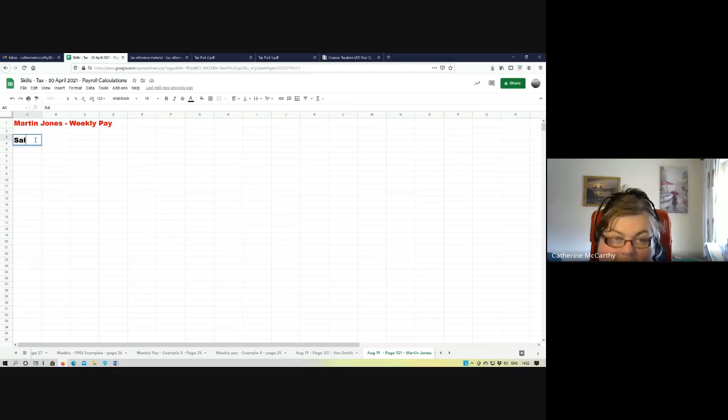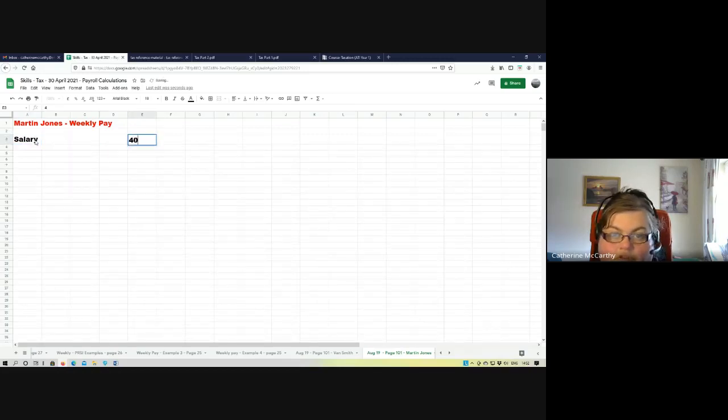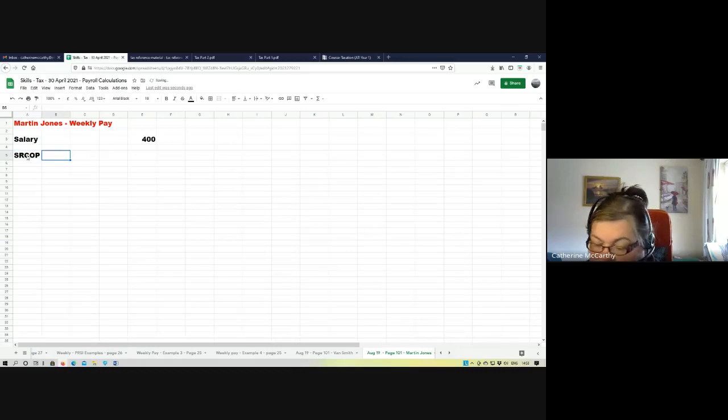So he's got his salary there of €400. And there's no BIK, there's no pension or nothing, so there's no point putting that stuff in, just salary, €400. Okay, and then he has his weekly standard rate cutoff point, which is 664.62.